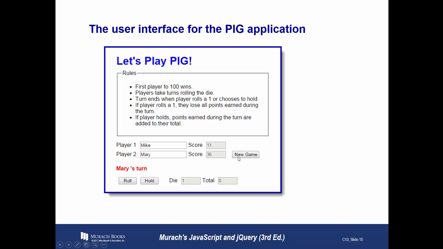From that moment on, the players take turns until one of them reaches 100. All right. For each turn, the user can click the Roll button, and they can click the Roll button 1 or more times.